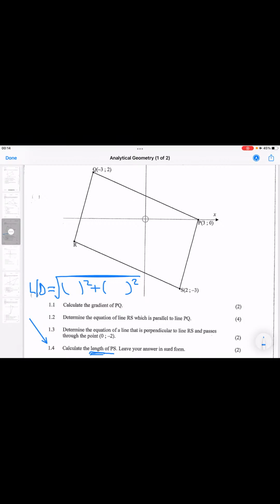There is P and there is S. Meaning your final answer will be in the form of a square root. Do not write it as a decimal, but leave it as a square root. Very, very important, ladies and gentlemen, on that one. So I think you now have an idea of how to work out that question.